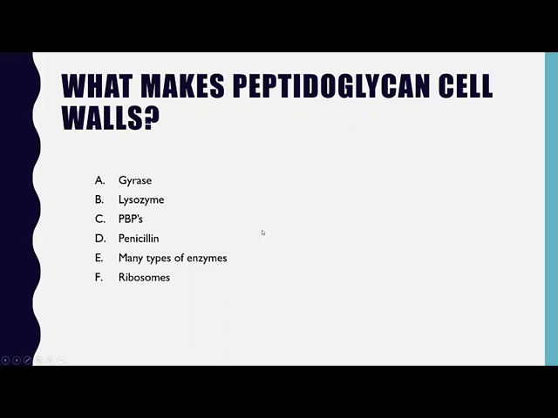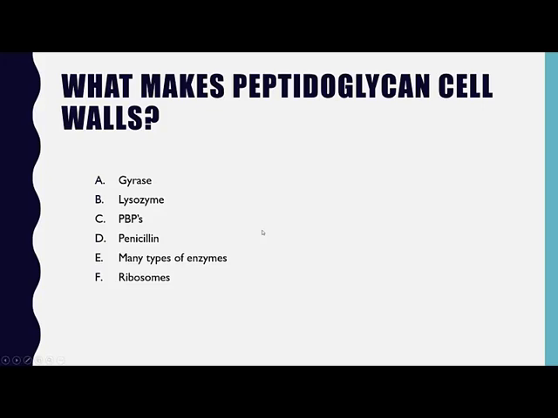Okay. What makes peptidoglycan cell walls? The enzyme known as gyrase, lysozyme, PBP, penicillin, many types of enzymes, or ribosomes, which are like enzymes actually. Peptidoglycan, PBPs, peptidoglycan building proteins.